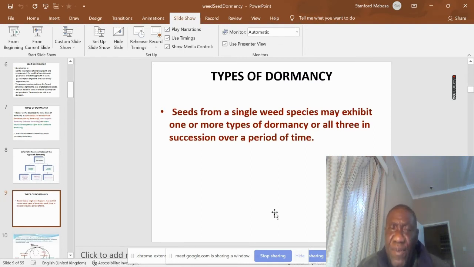So seeds from a single weed species may actually exhibit one or more types of dormancy, or all three in succession over a period of time, depending, of course, on the environmental conditions.